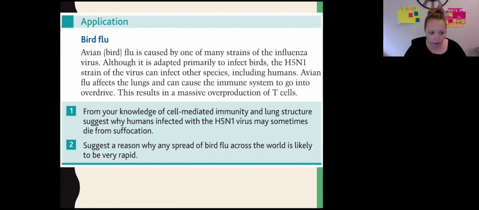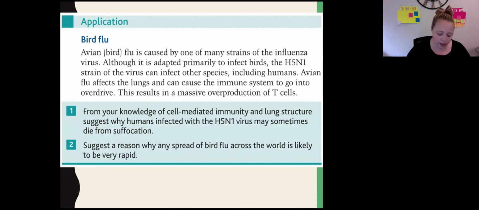All right, so hopefully you've had some time to think about it. From your knowledge of cell-mediated immunity and lung structure, we don't really need to know much about lung structure, but let's think about it. If you get an overproduction of T cells, that's going to cause a lot of cell death.